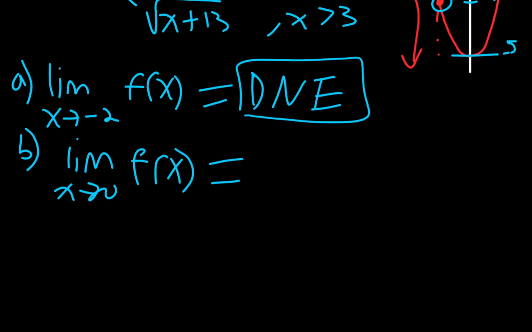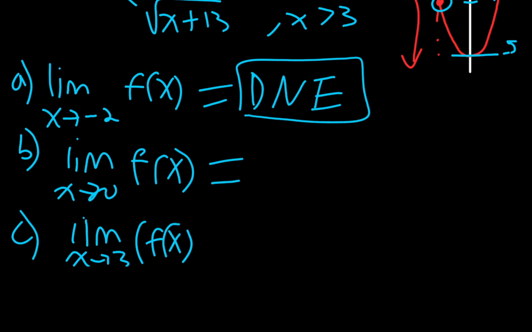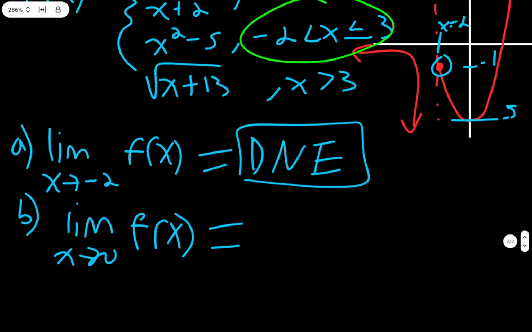Okay, so now let's do part C. This is going to be our last problem for today. What is the limit as x goes to 3 of f of x? What's this going to be? Where's 3 included in our domain? The same place right here.